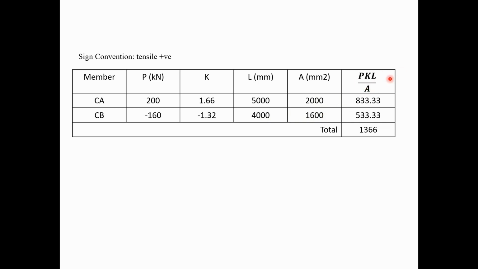Then the PKL by A calculation for the CA member is 833.33 and for the CB member it is 533.33. Then by taking the summation total of these two members, summation of PKL upon A, because to find out the displacement we have the formula 1 upon E summation PKL upon A. So we have the value 1366.66 divided by 200, and we got the displacement in the vertical direction at joint C as 6.83 mm.